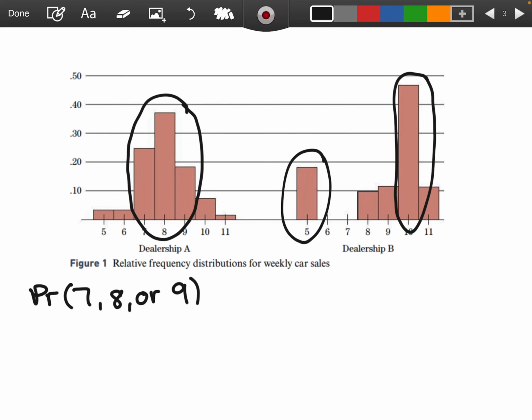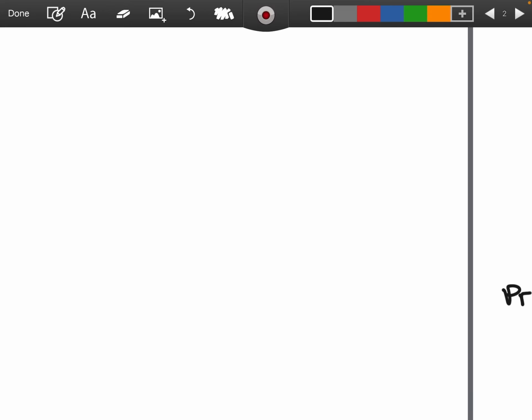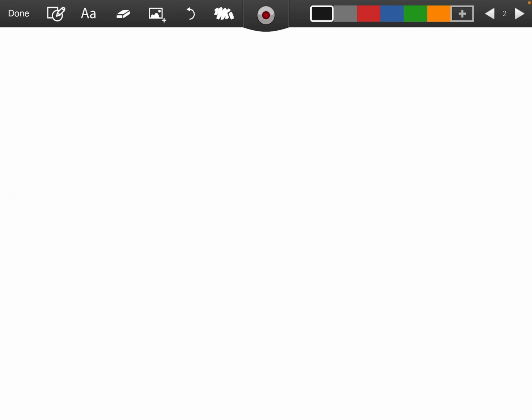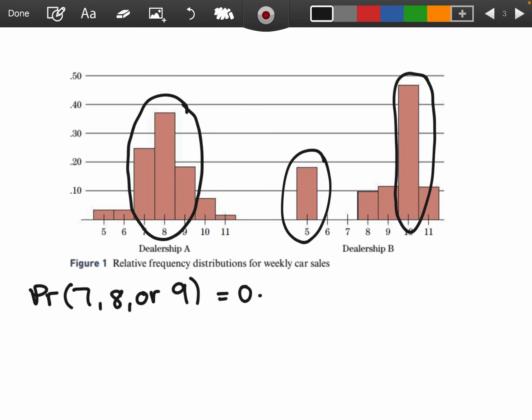So the probability of 7, 8, or 9 happening, if we go back to our relative frequency distribution, because this is slightly more accurate, you can see it more here as opposed to the histogram, we would add together the relative frequencies of each of these. So it's going to be 0.25 plus 0.38 plus 0.19.